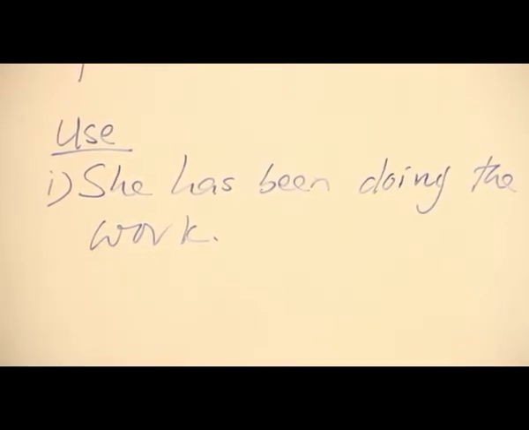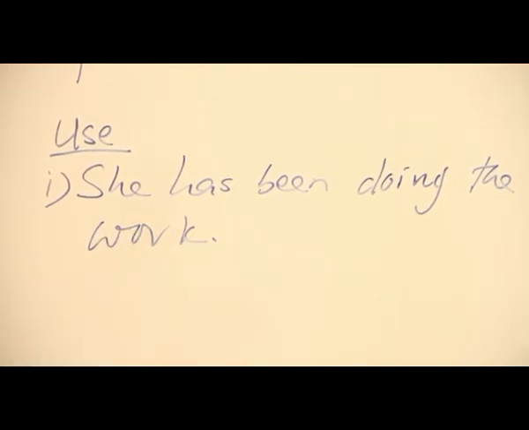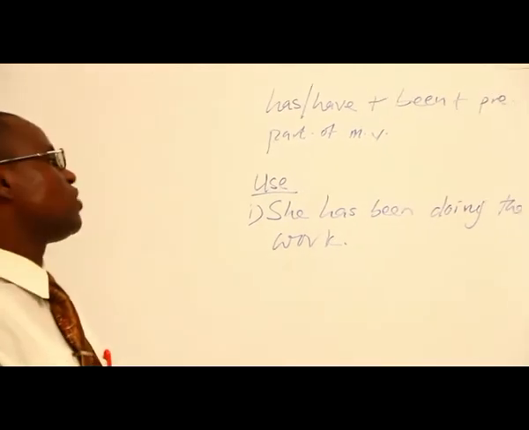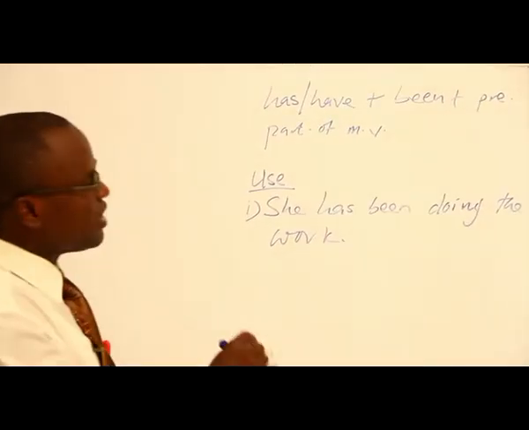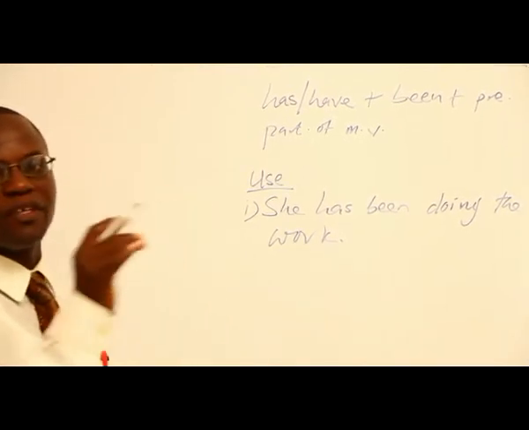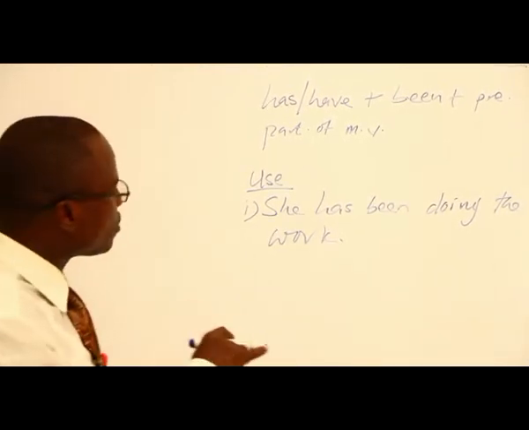But in this case, we can find a situation where she started the work, and at the time they met the woman, she's still doing the work. So we now find out that it's a bridge of both the present and the past together. But it shows more continuity, more present form than the present perfect tense, that the action was still on.